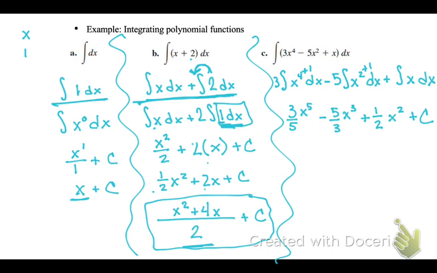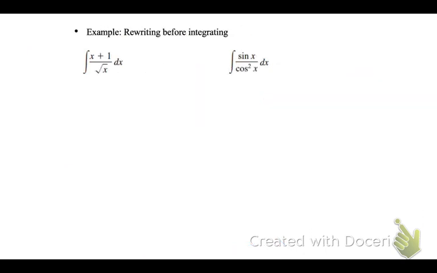Step by step. Rewriting is important. Now, what would you do with this one? I don't even know. That's a rewrite it tomorrow question. Wouldn't you divide both of them? Wouldn't it be this? Yes?